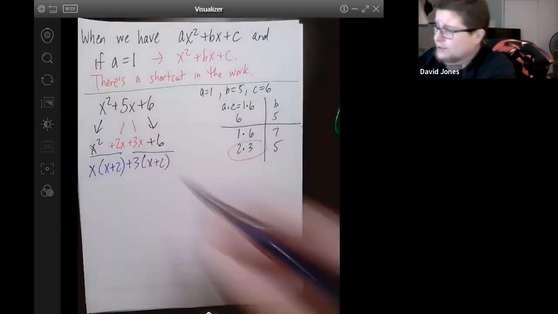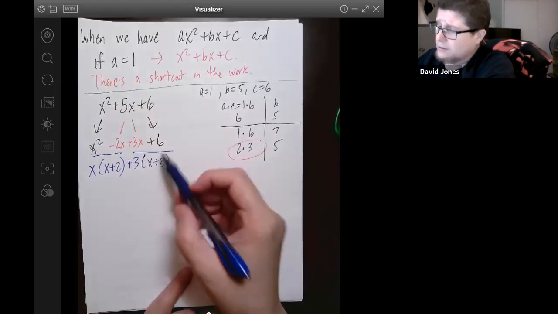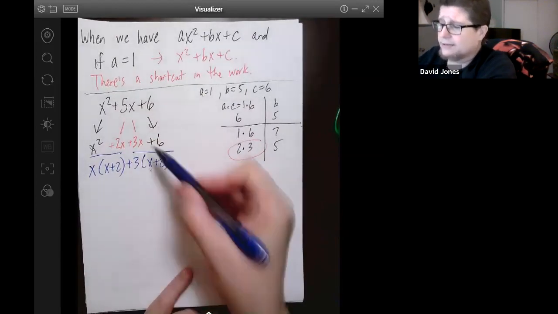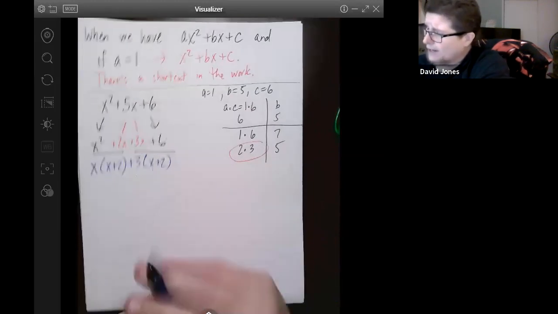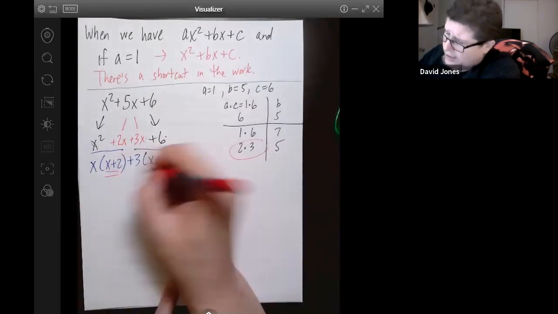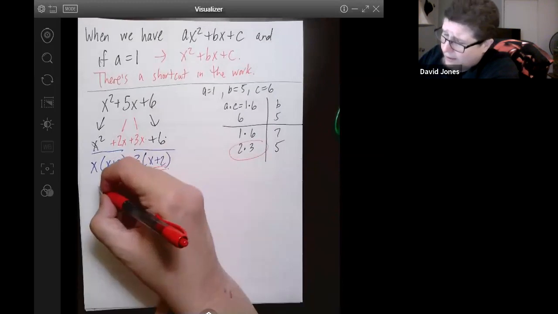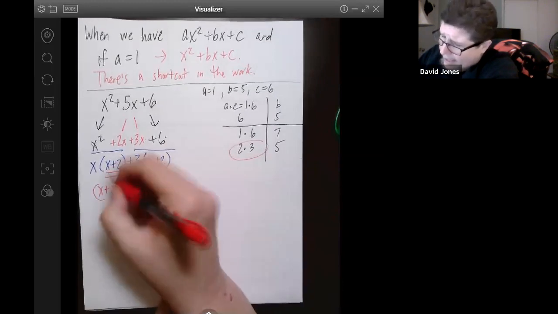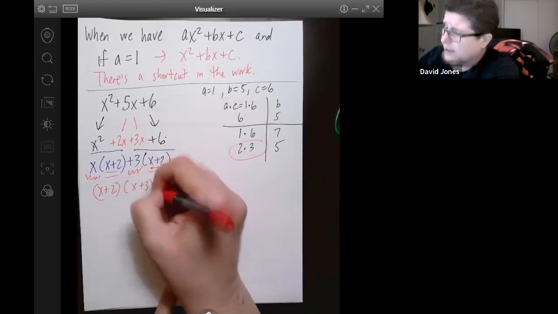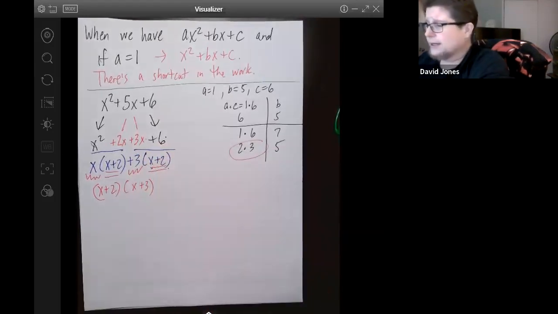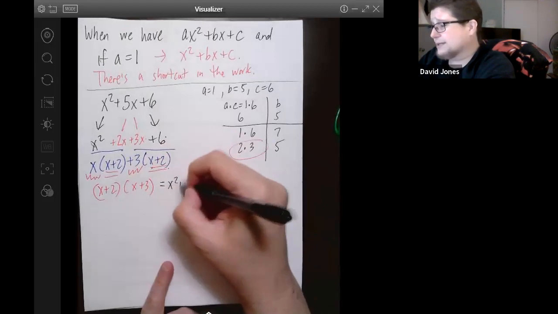And I've got plus 3 and plus 2. You can verify it: 3 times x is 3x, 3 times 2 is 6. We'll factor out our x plus 2 because it's a common factor there. And whatever's left over gets its own parentheses, x plus 3. That's what x squared plus 5x plus 6 factors to.